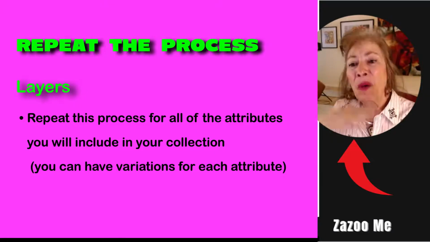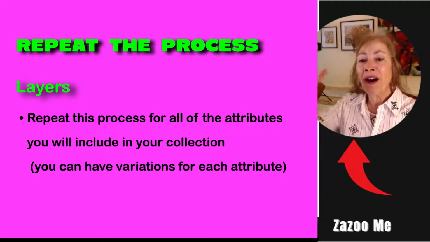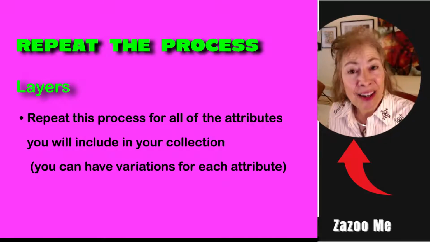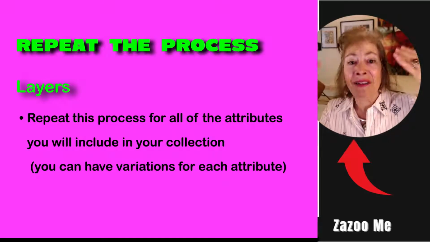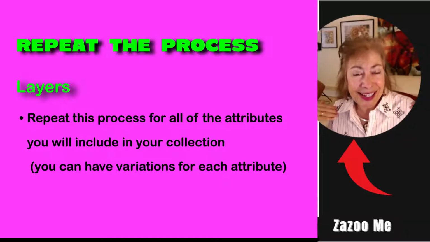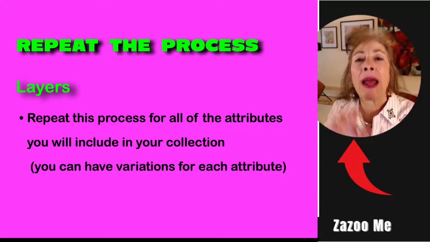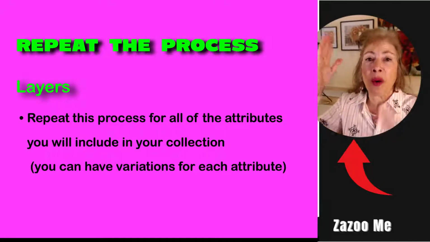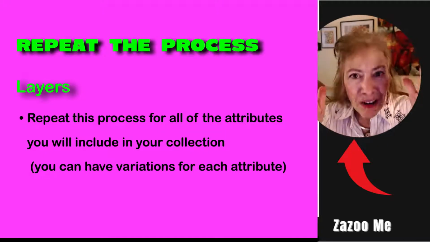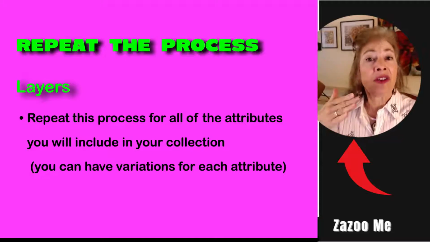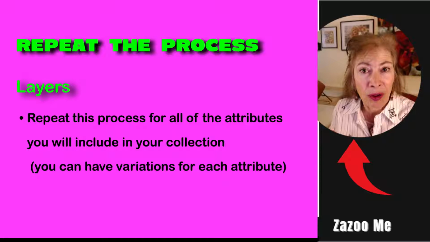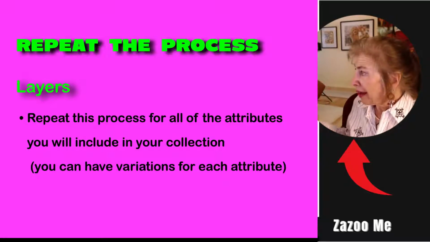So layer upon layer upon layer, you can have variations within an attribute. You can have variations of hair, variations of eyes, variations of accessories, variations of backgrounds. Those are within the attribute layer. So the main layer may say hair. The next layer underneath hair will be the hair color or the hairstyle or accessories on the hair.